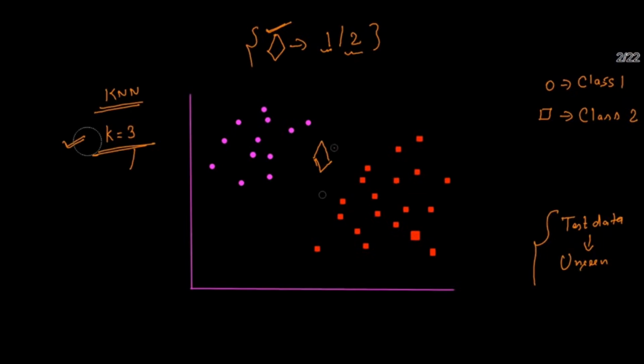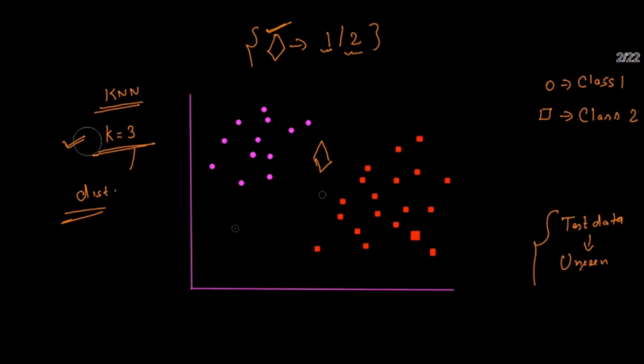Now the question will arise, how will I compute exactly what my 3 nearest neighbors are? It means you have to use the concept of distance, which you have often heard about in your school days. Because if I know the distance from this data point to each other data point scattered over here, I can definitely get to know my 3 nearest neighbors. It means I have to use the concept of distance over here.